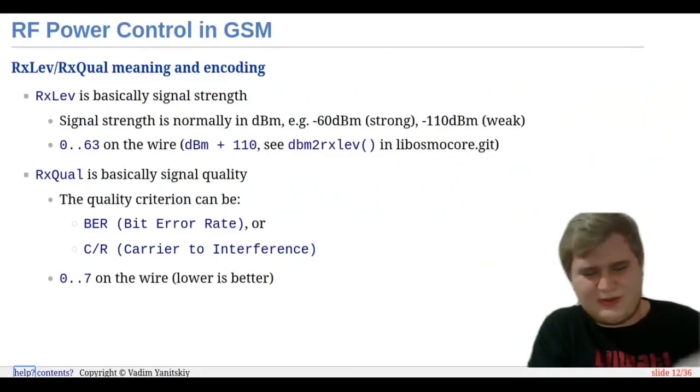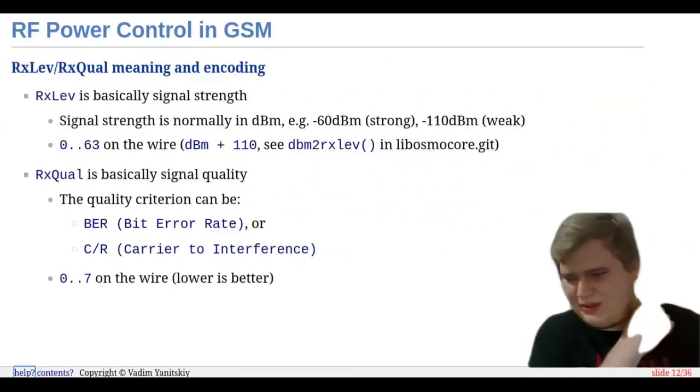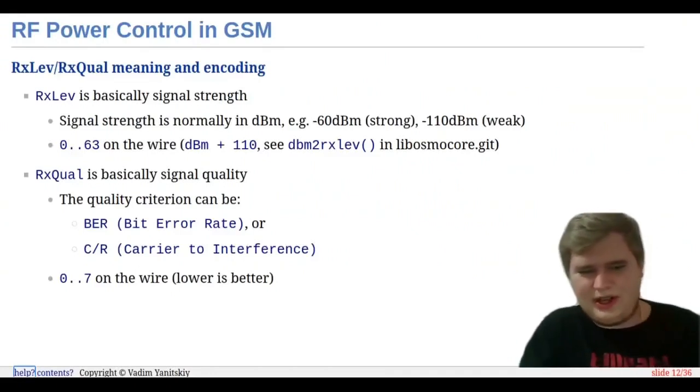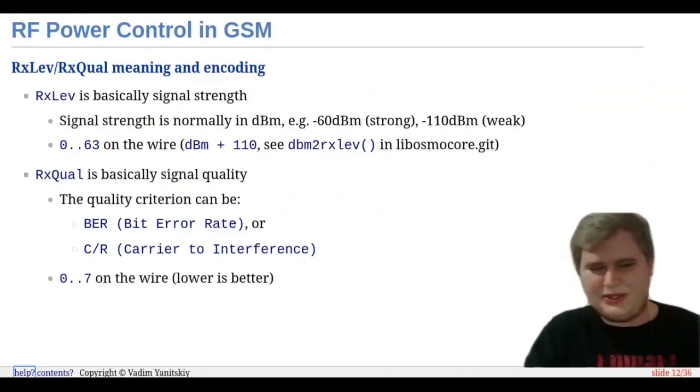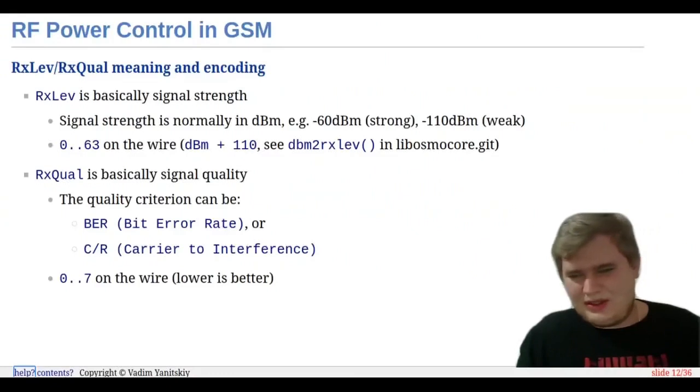And the criterion for this parameter can be either bit error rate or the carrier to interference ratio. It depends on availability of the latter. If carrier to interference ratio is available, it's preferable to use it because it's a better channel quality measure.